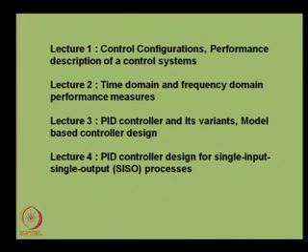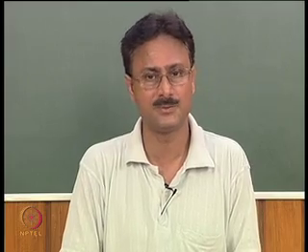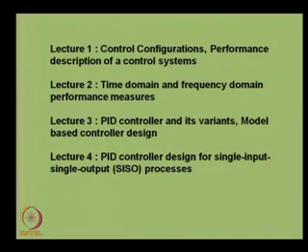Control configurations means where to put the controller in the closed loop. It can be put in series with the plant or process, in parallel with it, or in both ways, a series feedback combination. That is known as controller configurations. Next comes the performance description of control systems.